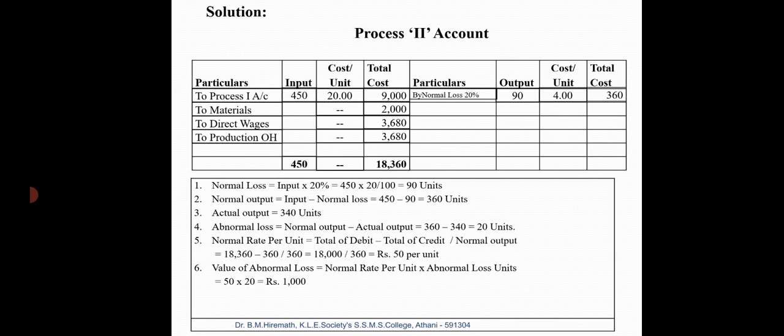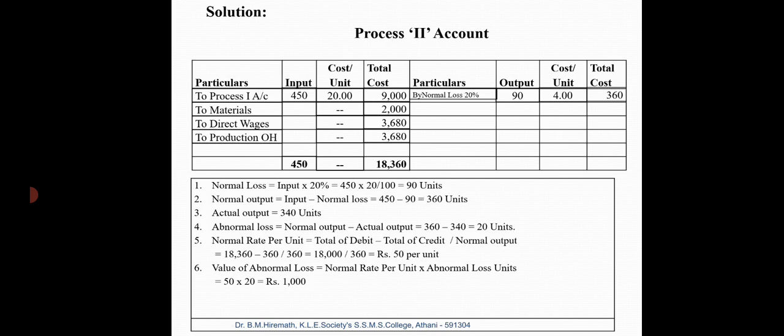We got less, that is abnormal loss. Number 4, abnormal loss is equal to normal output minus actual output. Our normal output is 360 units, but actual output is 340 units, is equal to 360 minus 340 is equal to 20 units. 20 units is the abnormal loss.